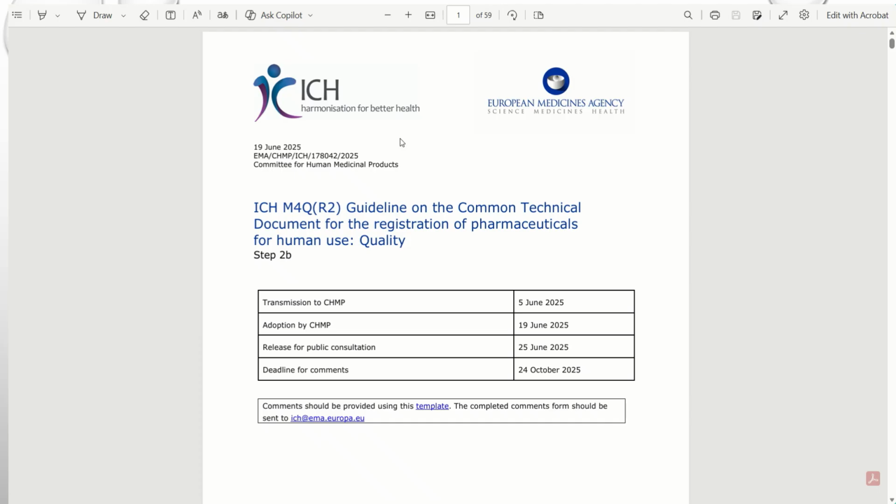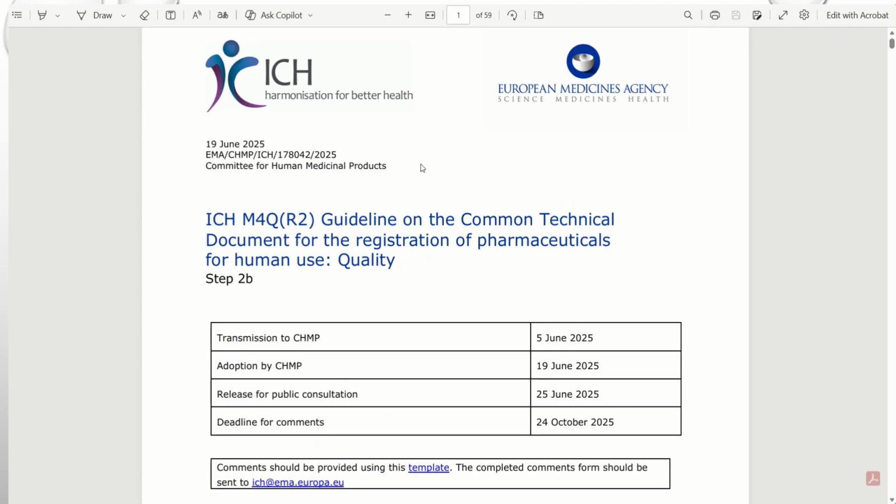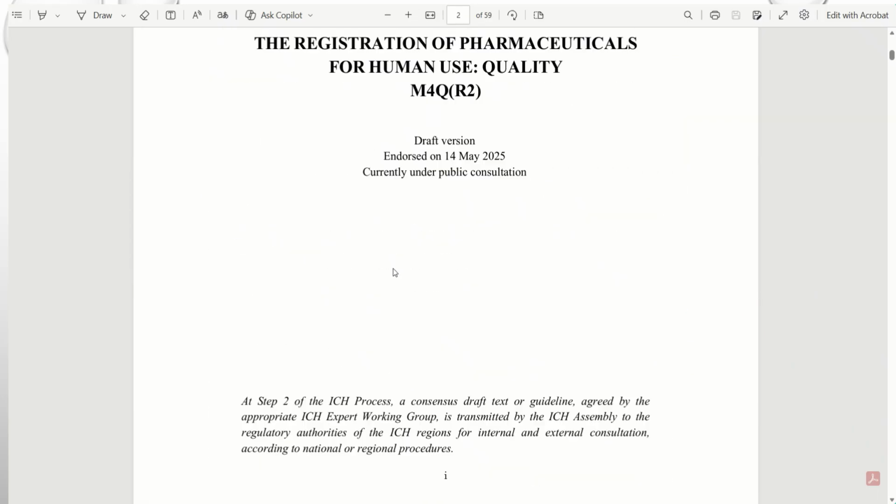Right, so this is the ICH M4Q second revision. So remember that this is a draft document, and I'm going to have a look at the comments to see what they were with regards to the proposal. So it may still change.